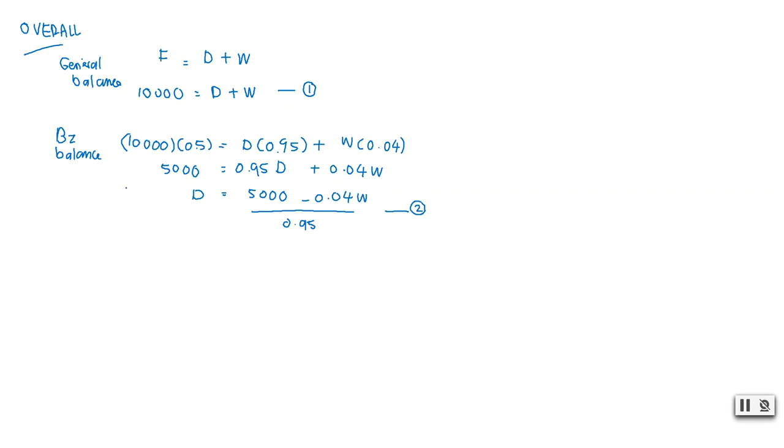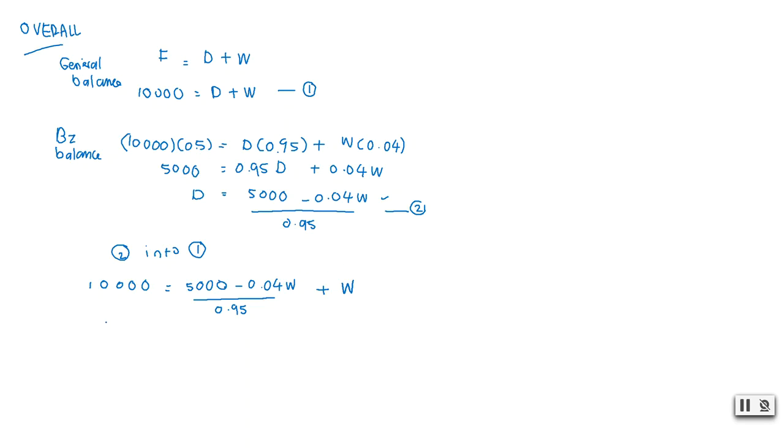So what we can do is put equation 2 into equation 1: 10,000 equals D, which is (5,000 minus 0.04 W) divided by 0.95, plus W here.